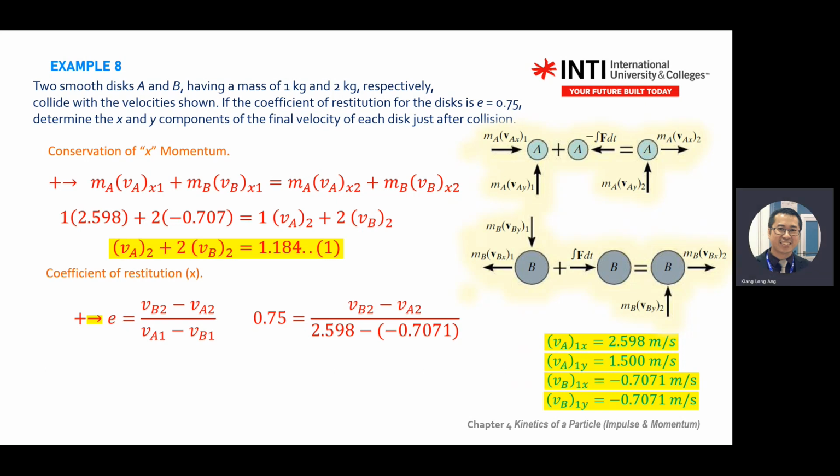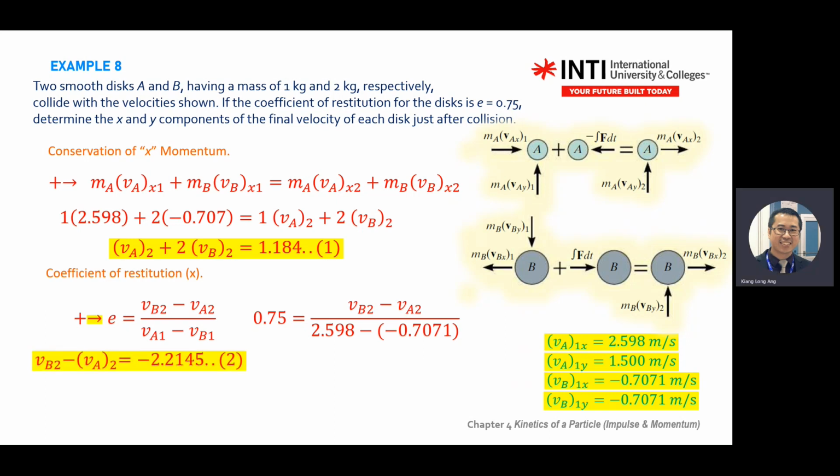Again, positive negative sign, be careful. VB 1 is negative. VB1 in X direction is negative, because it's come from above. And you split, your x is to the left. So negative. So you write this one, then suddenly this one, you accidentally put this one positive. Then you get the wrong answer.